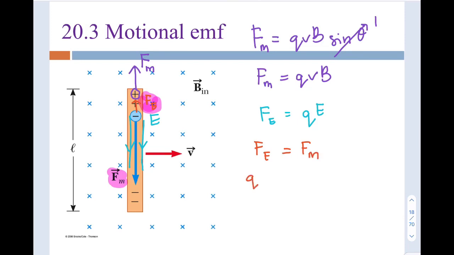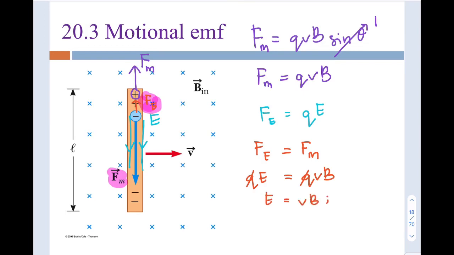So this is QE and this one is QVB. So the Q cancels out. Therefore, we have E equivalent to VB. And not to forget, E equivalent to VB.